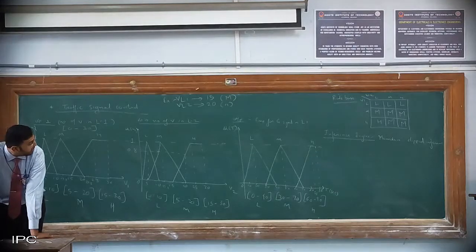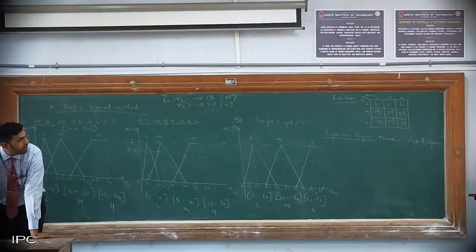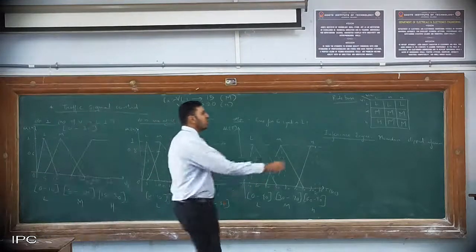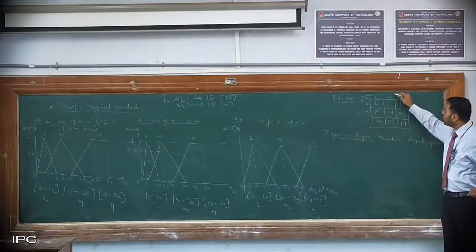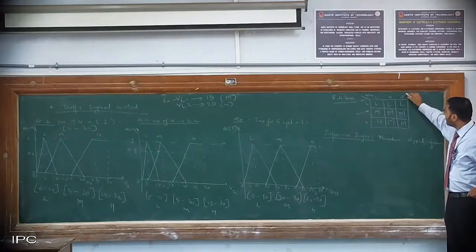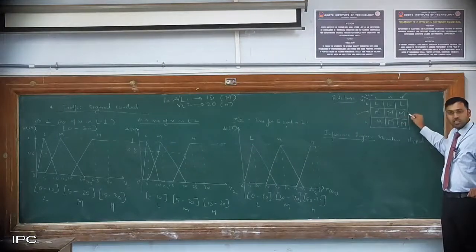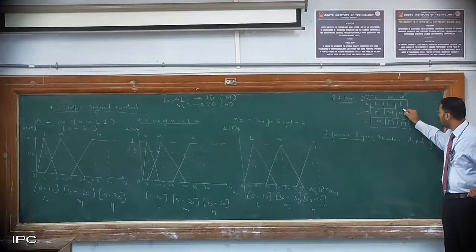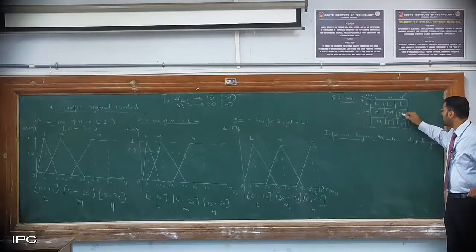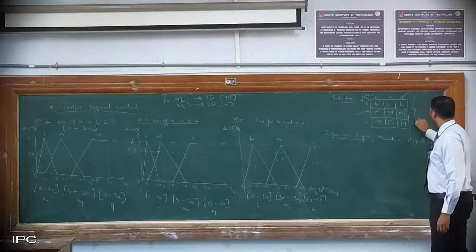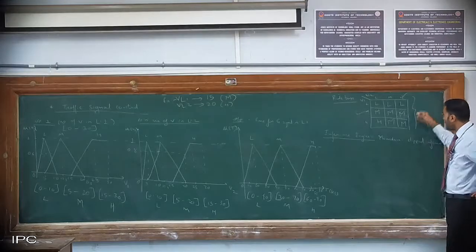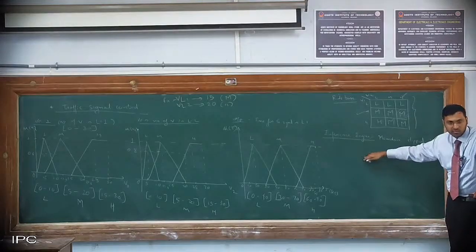The number of vehicles in lane 1 is medium, and the number of vehicles in lane 2 is high. So what is the green signal for lane 1? It is medium. So this is the rule which is getting executed. I don't have space, so I have to use this area.